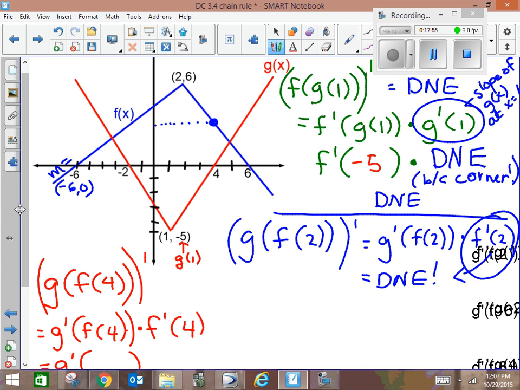Okay, so what's my slope? Rise over run. 3/4. I'm using my formula, 3/4.